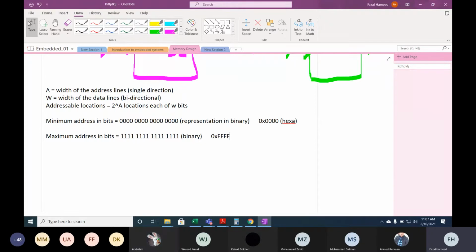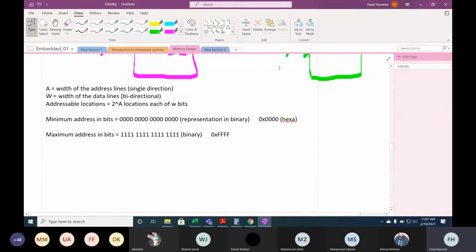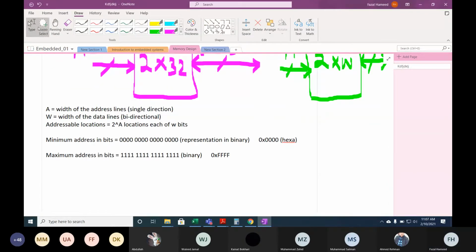If you remember from your digital logic design, I'm just recalling that. In hexadecimal, this is the minimum address: 0000 is equal to 0. 0001 is equal to 1.